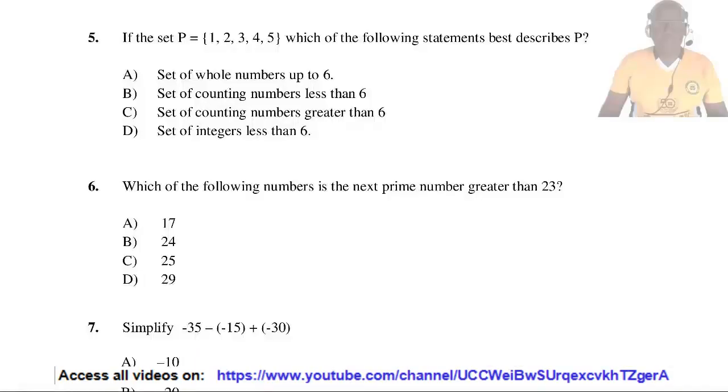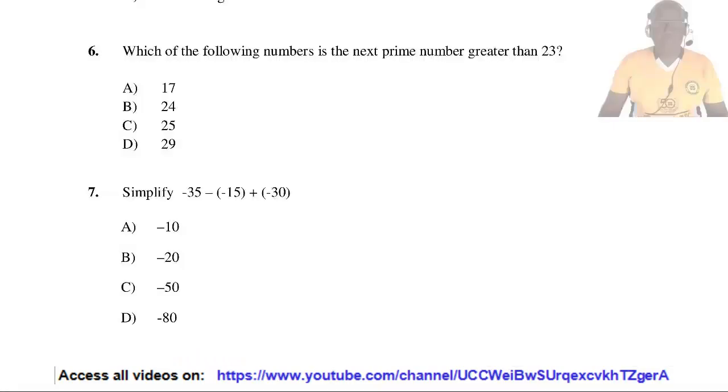If the set P equals {1, 2, 3, 4, 5}, which of the following statements best describes P? A. Set of whole numbers up to 6. B. Set of counting numbers less than 6. C. Set of counting numbers greater than 6. D. Set of integers less than 6. The answer is B.